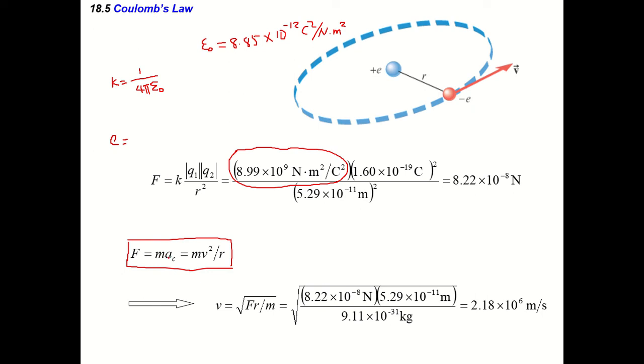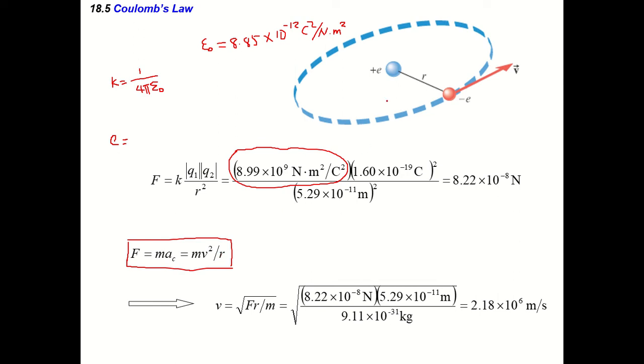The same m, but our a here is just the square of velocity divided by r.